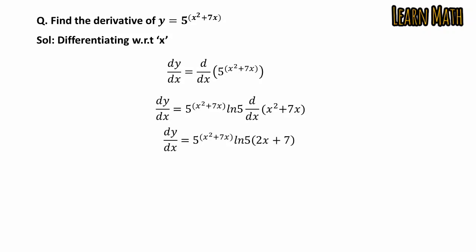So dy/dx is equal to 5^(x²+7x) ln 5 as it is, times the derivative of x², which is 2x, plus the derivative of 7x, which is 7. Now simplifying, we can write dy/dx is equal to (2x + 7) ln 5 · 5^(x²+7x).